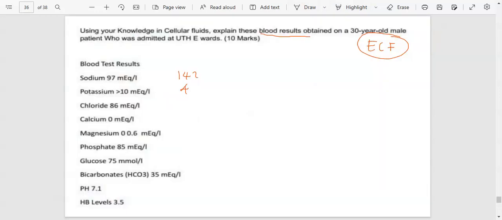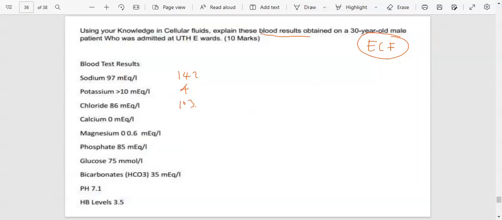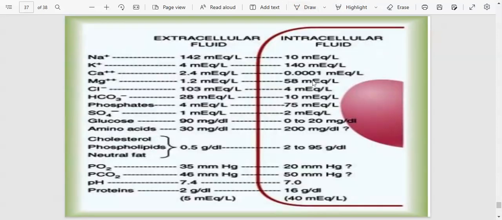That's the normal one, so I'll also put it here. For calcium, we have 0, but the normal one is supposed to be 2.4. And for magnesium, the normal is supposed to be 1.2.